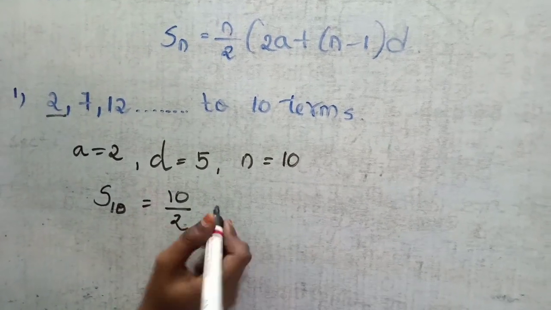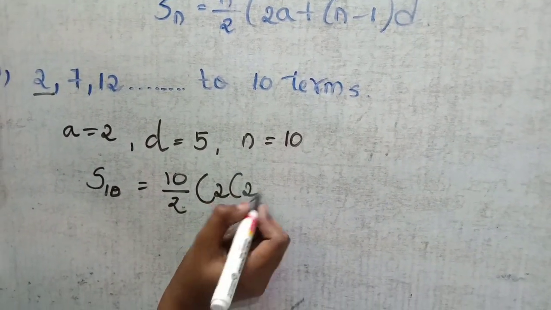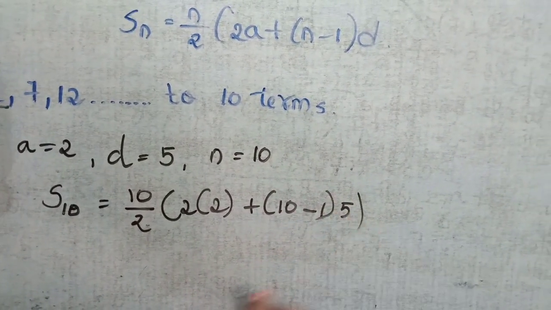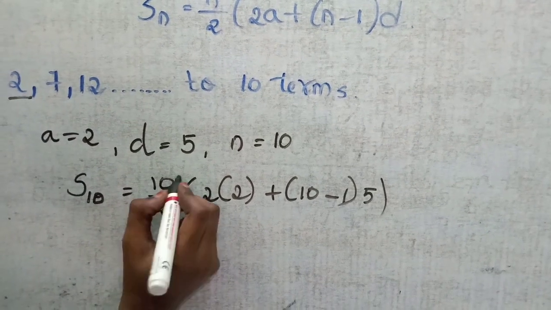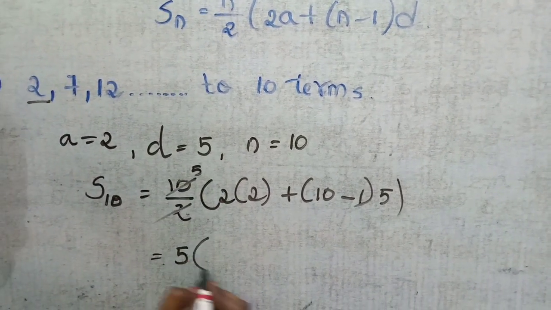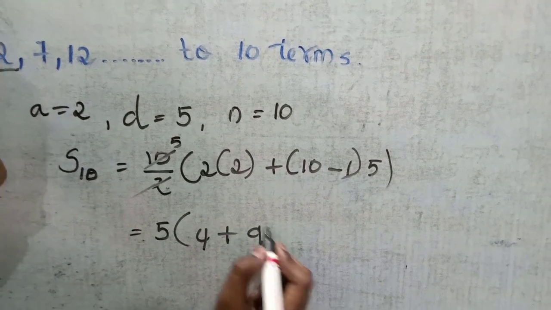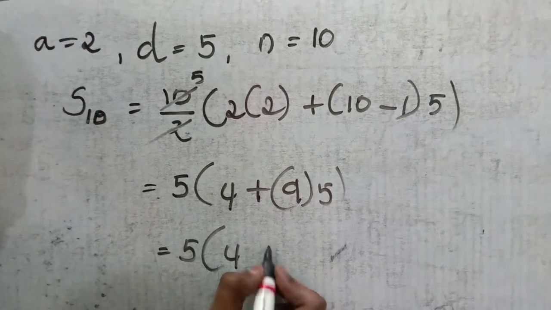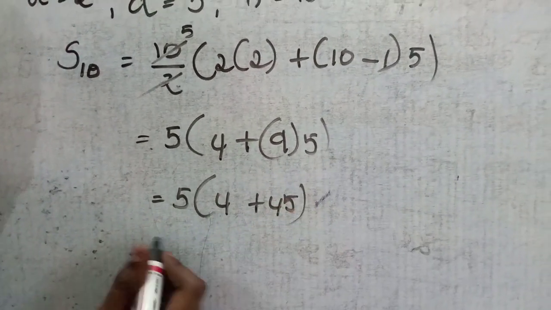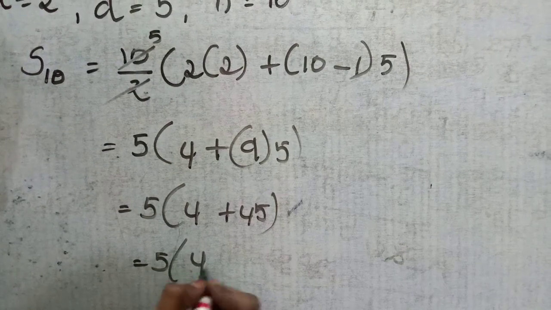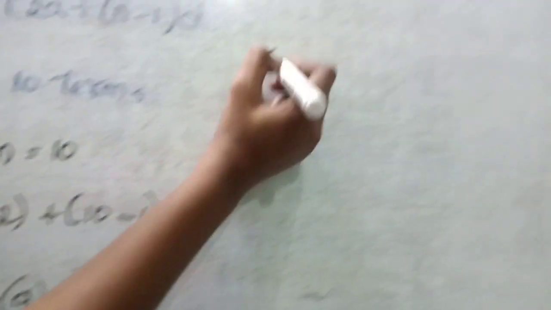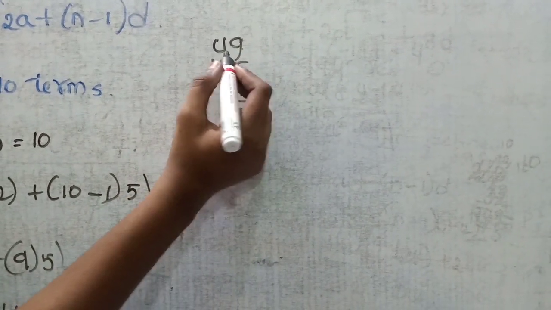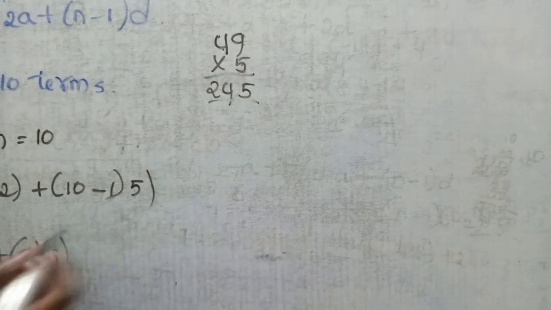10 by 2 into 2 into 2 plus 10 minus 1 into 5. 5 into 4 plus 9 into 5. 5 into 4 plus 45. 5 into 49. 49 into 5. 5 nines are 45. 245.